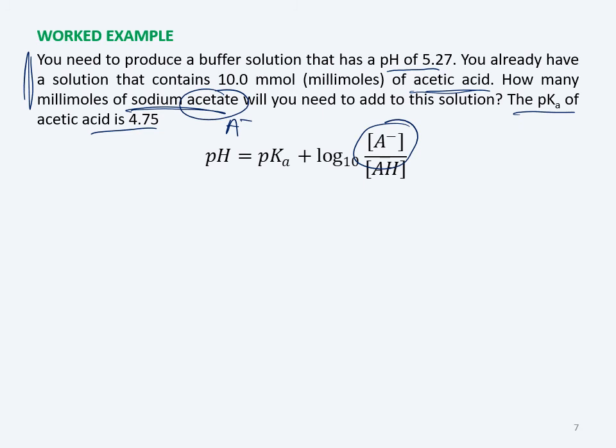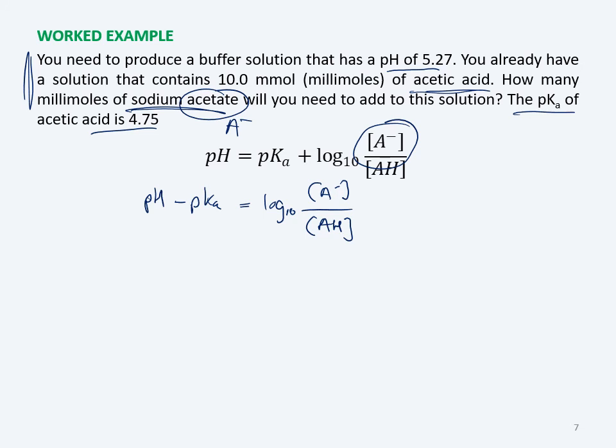The first thing we're going to do is put pKa onto the other side. So we can say pH minus pKa is equal to log to the base 10 of the concentration of A minus over the concentration of AH. And then, as we've said before, we can convert these by writing out the following.